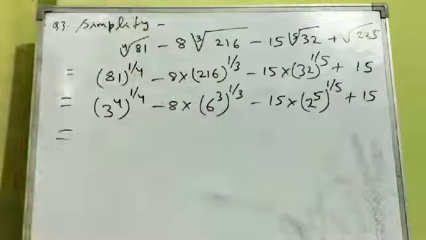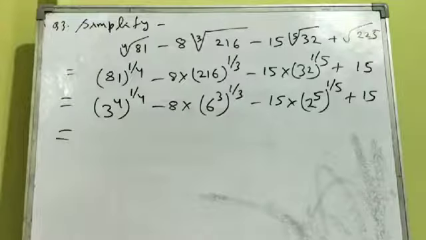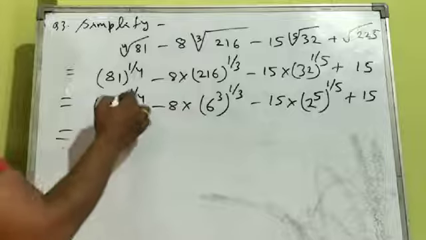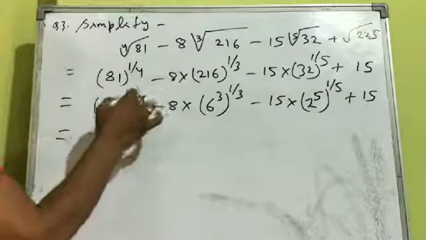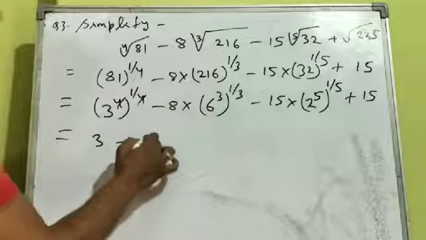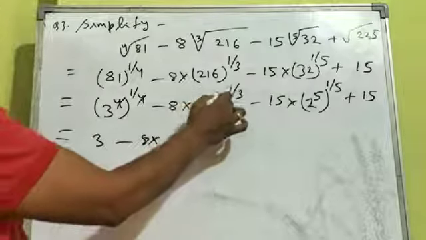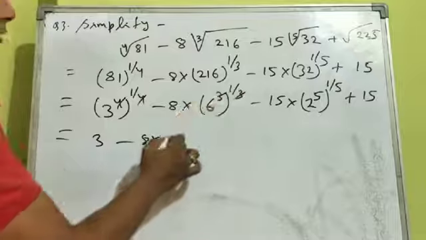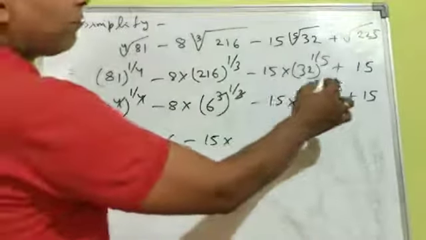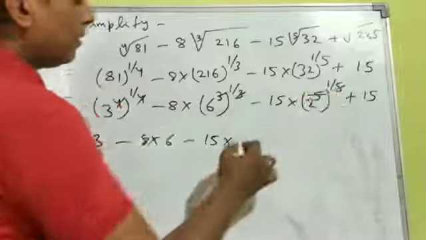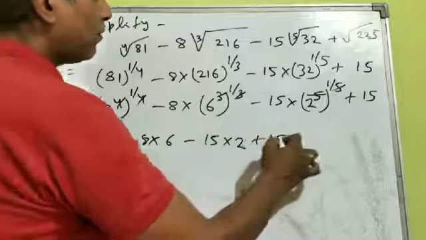Okay, all of these laws of exponents we have learned in earlier classes. That one we are using here. Now (3⁴)^(1/4) gives 3^(4 × 1/4), that is 3, minus 8 × 6^(3 × 1/3), 3 cancels, into 6, minus 15 × 2^(5 × 1/5), 5 cancels, 15 into 2, plus 15.